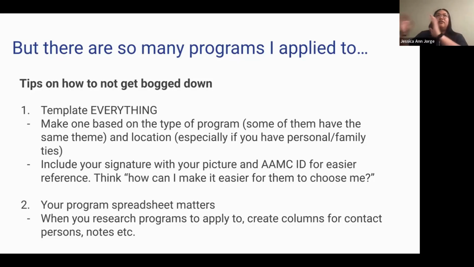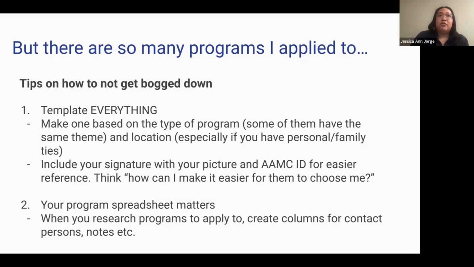I put them in that category and I made a letter template of every key point related to that point in my CV. I will show you later in my example what I mean by I templated everything.